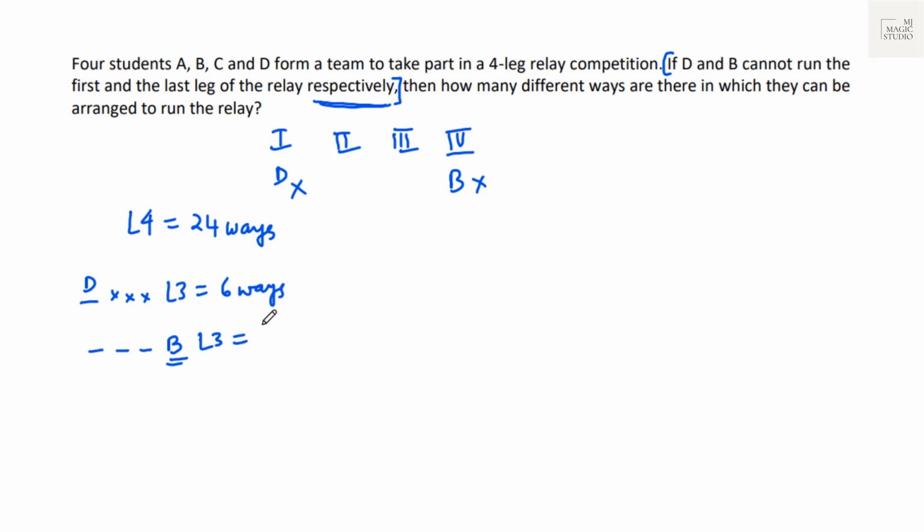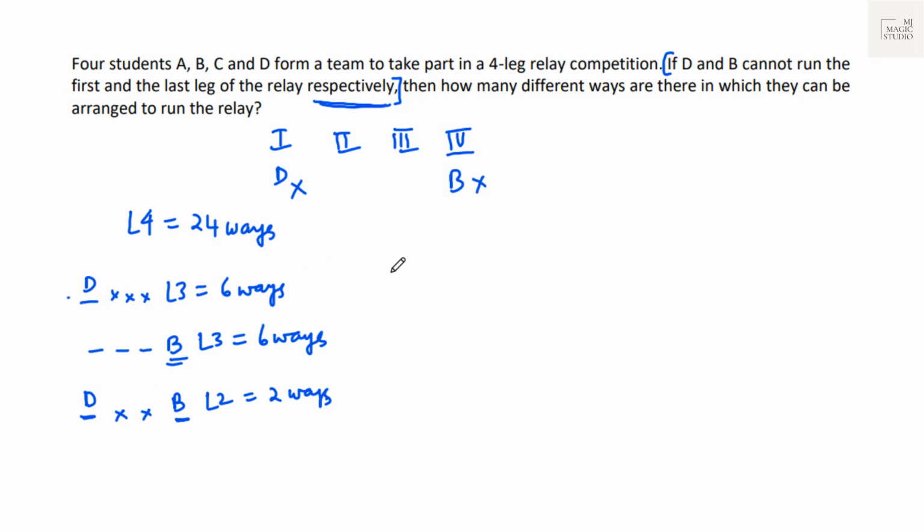This would be arranged in factorial 3, that is 6 ways. So there are 6 arrangements where B is running the last leg. Now there would also be a few arrangements where D is starting and B is ending, isn't it? Now 2 of them are left, that is A and C. They can arrange themselves in factorial 2, that is 2 ways. So these 2 ways are common in these 2.